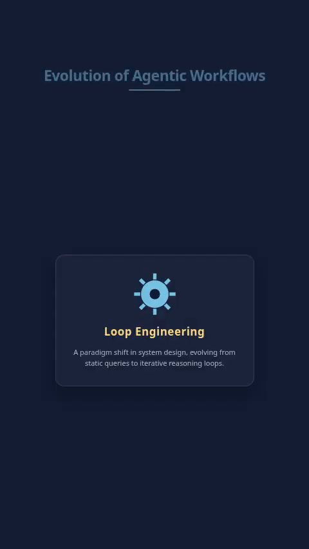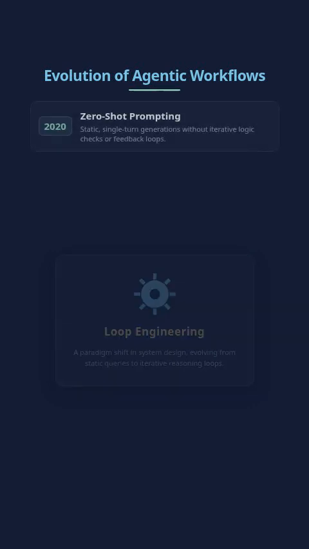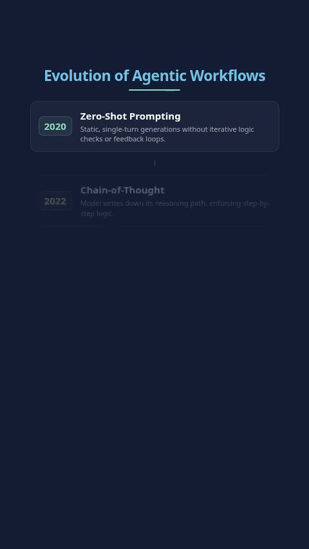Loop engineering represents a major shift in the historical evolution of AI. In 2020, we had zero-shot prompt engineering, where output quality depended entirely on the initial instructions. By 2022, chain-of-thought reasoning emerged, forcing models to write out their step-by-step thinking before returning a final answer.